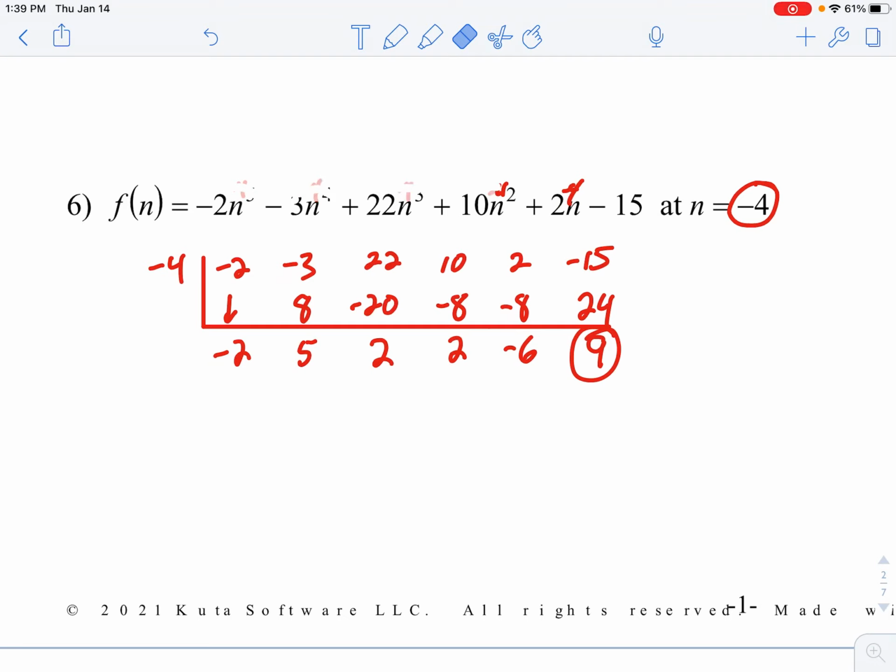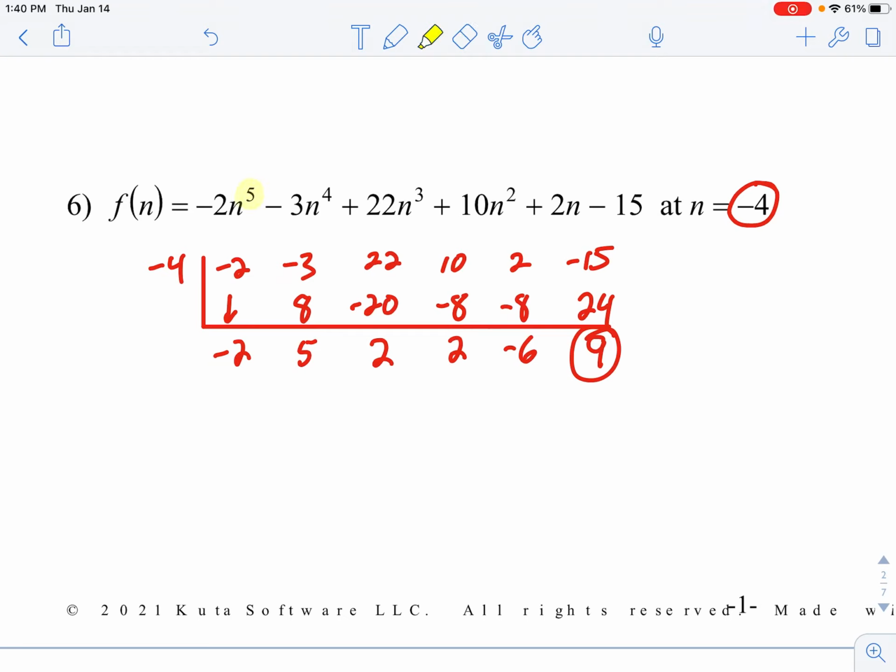The idea is that synthetic substitution is, I'm going to do air quotes here, not that you can see it, but air quotes, easier. It's easier work because technically all you're doing is multiplying and adding, multiplying and adding, multiplying and adding, multiplying and adding. The whole process is accomplished by multiplying and adding.